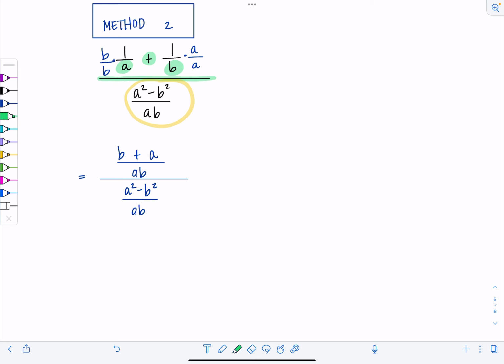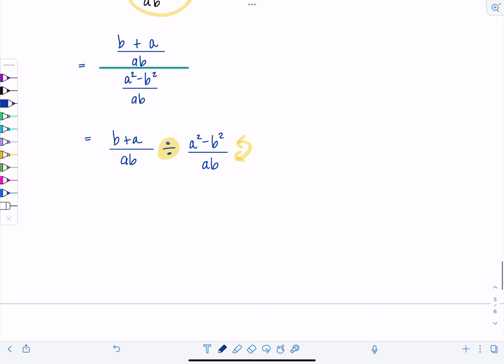Very good. Now we rewrite the fraction bar as division. So in the next step, I'm going to have b plus a over ab divided by a squared minus b squared over ab. Good. And then next thing we need to do, change this to multiplication, flip the second fraction, leave the first one alone.